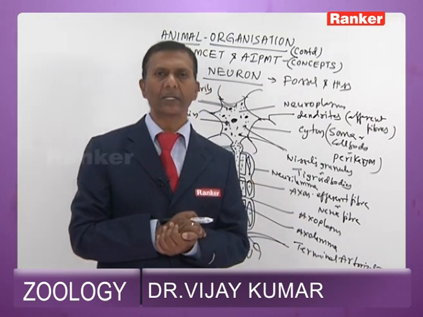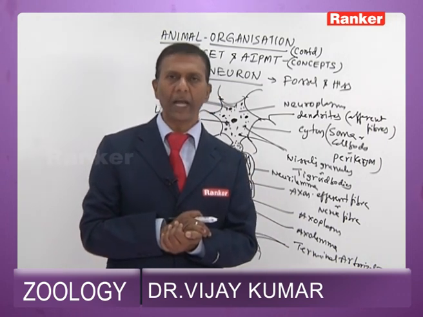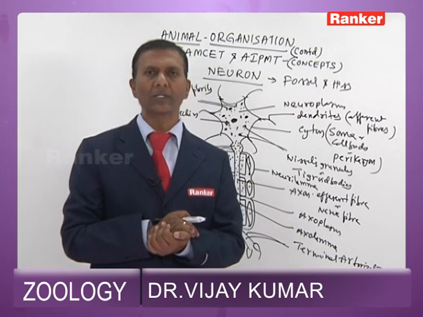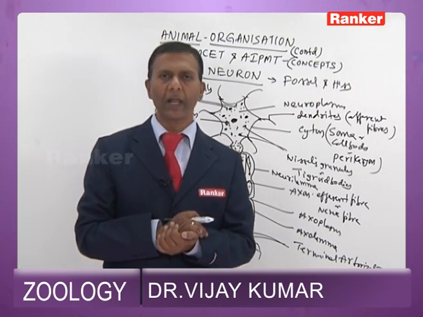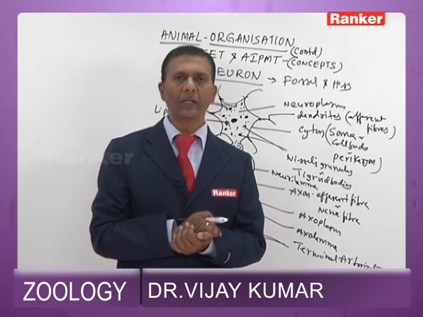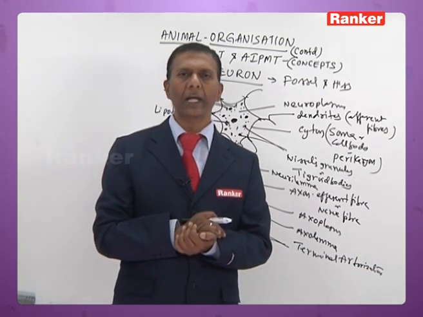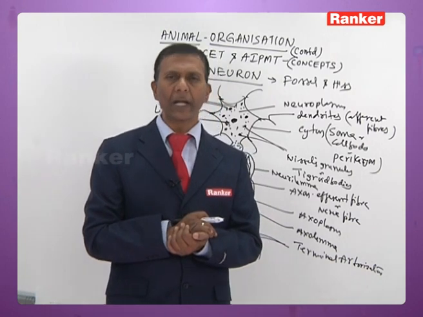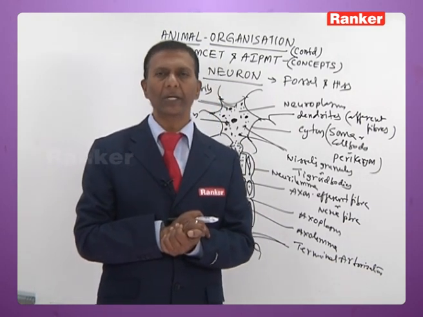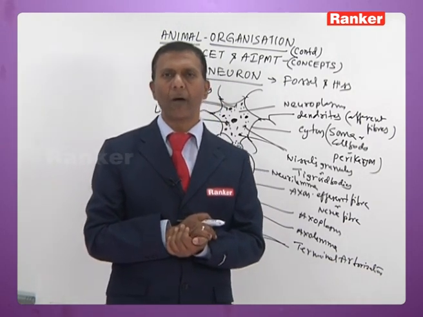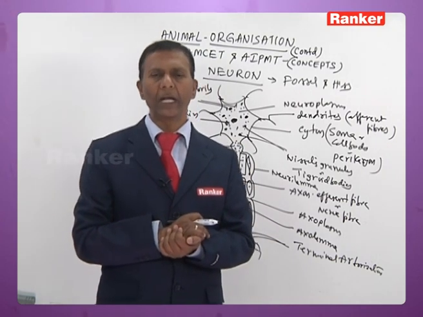Myelinated neurons are present in the white matter of brain and spinal cord and in the cranial nerves and spinal nerves of the peripheral nervous system. The neurons which do not have a myelin sheath are called non-myelinated nerve fibers. In non-myelinated nerve fibers, due to the absence of myelin sheath, they appear grey. That's why they form grey matter within the brain and spinal cord.